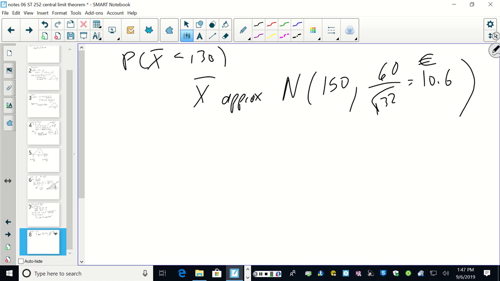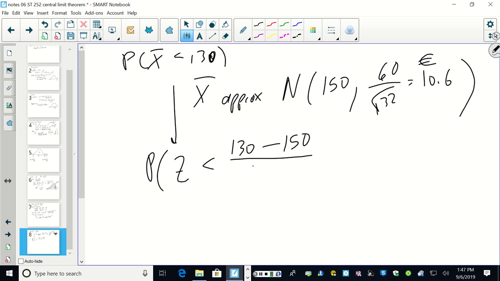So we can treat x bar like a normal distribution with this mean and standard deviation, and then just calculate the probability. One way it's usually done is to standardize: subtract the average and divide by the standard error.